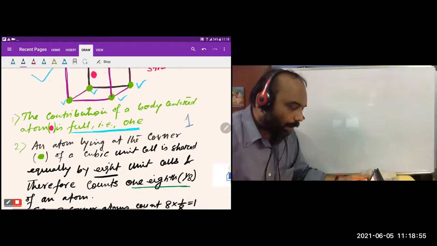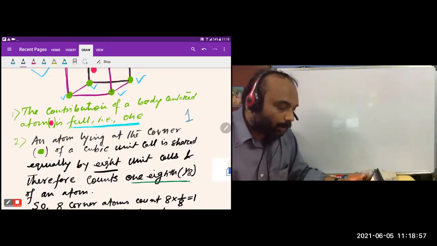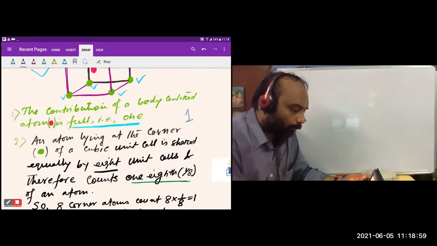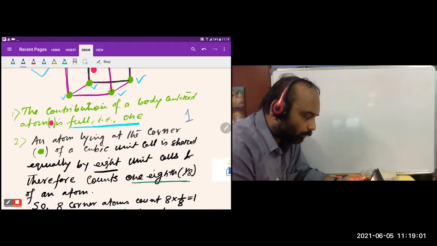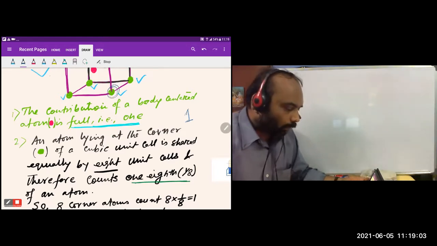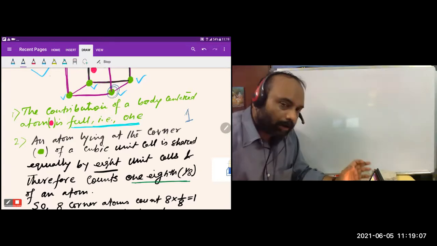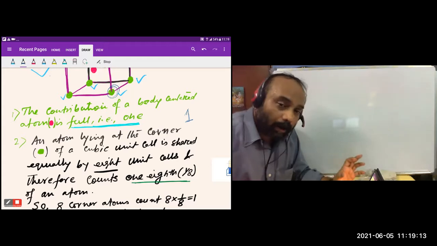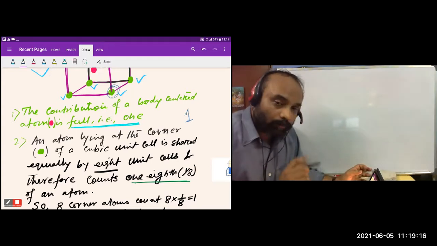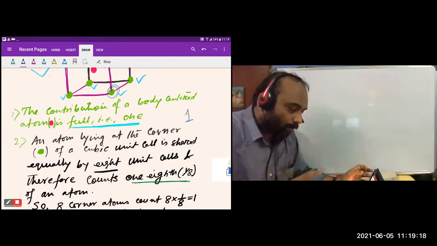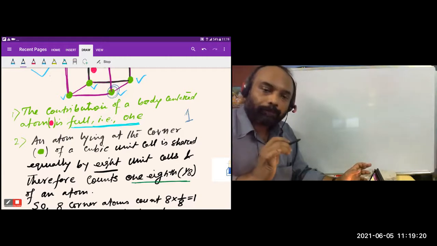Number 2, an atom lying at the corner, that means the green dots, of a cubic unit cell is shared equally by 8 unit cells, and therefore counts 1/8 of an atom.